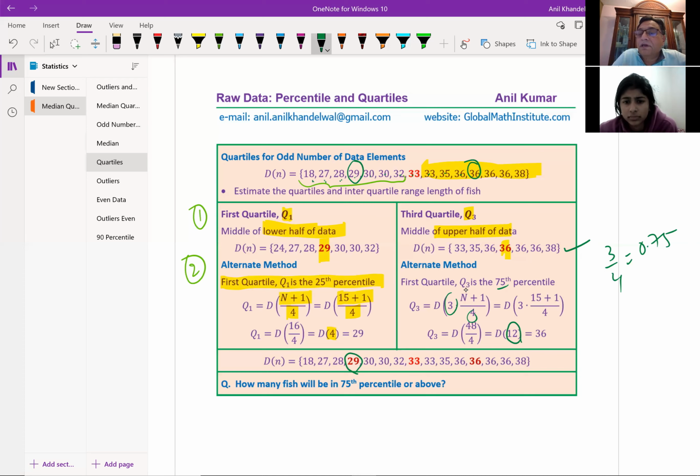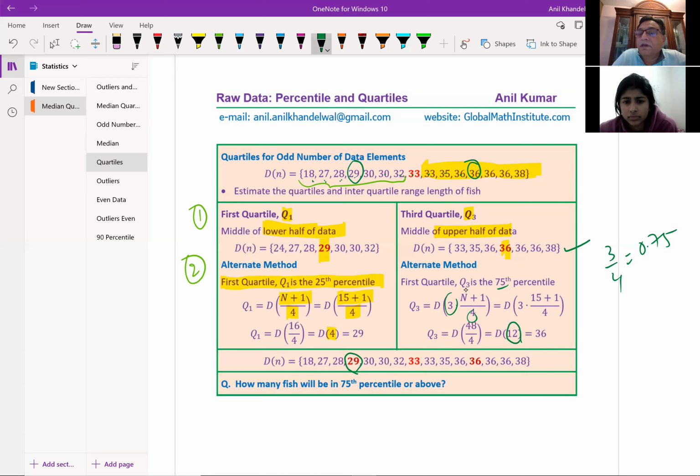We know that the total elements are 15, which fortunately for us is an odd number, and therefore 15 plus 1, which is 16, divided by 2, will give us the term number where we will find the median value, correct? So median is the value of the term which is in the center. So 15 plus 1 divided by 2 is 8.